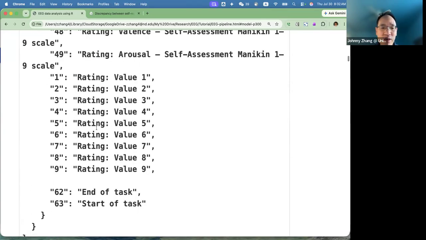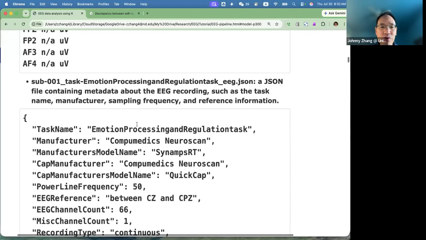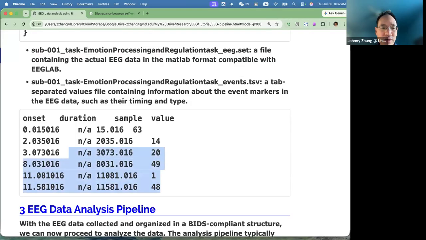So those events are here. 63 means start of the task, end of the task. Okay, and 23 is the stimulus. So this gives the timing of the event. Remember this is important because we need to use this information to create epochs in the future.